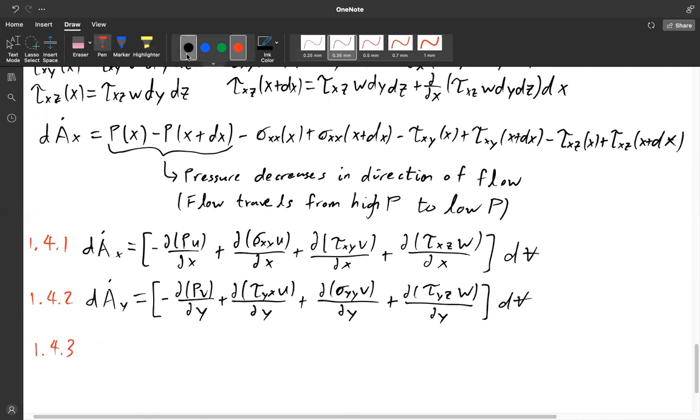And lastly, we have equation 1.4.3, which is the z direction. Again, we can apply the same approach as we did for x and get the following.